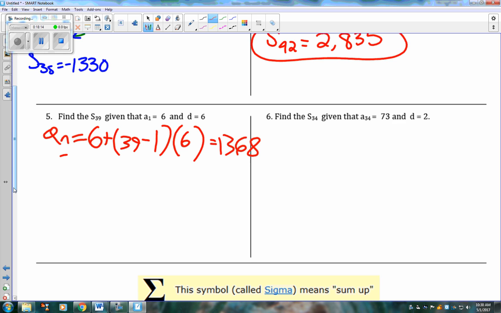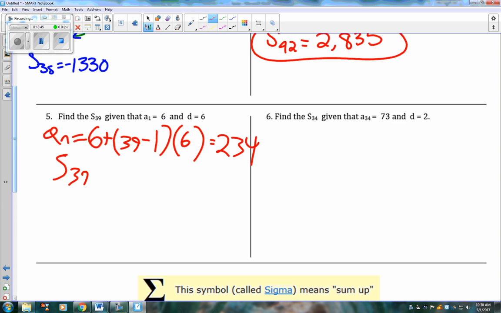Number 6 is easy. Alright, so 6. We're looking for term 39, so you plug in 39 for n. And our common difference is 6. There's a D right there.